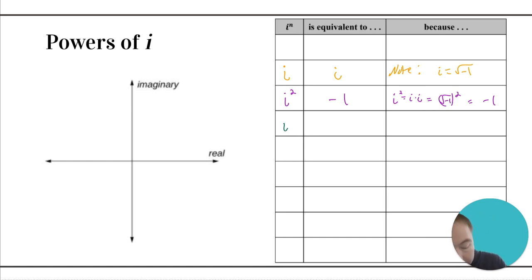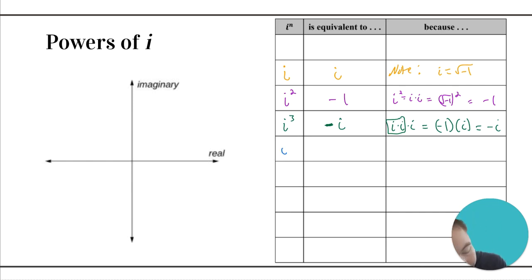And then if we were to look at i to the third power, that would mean i times i times i. But the first couple of i's there would be i squared, which we know is -1. So it ends up being -1 times that third additional i, which ends up being -i. So i to the third is the same thing as -i, right?